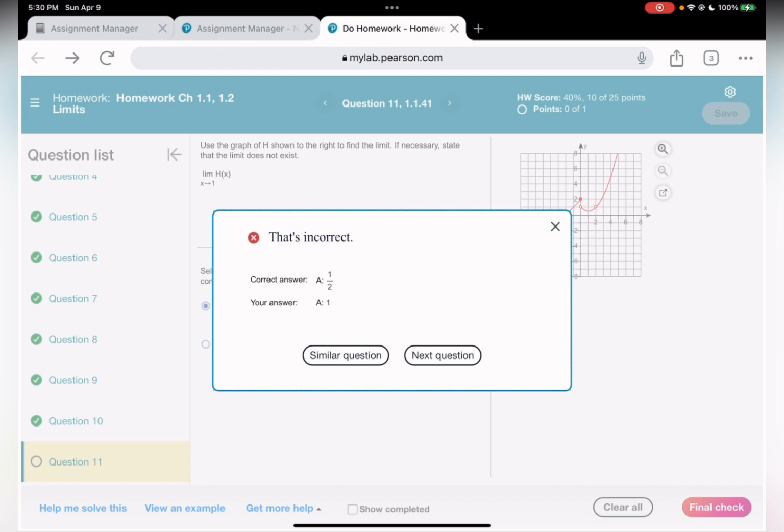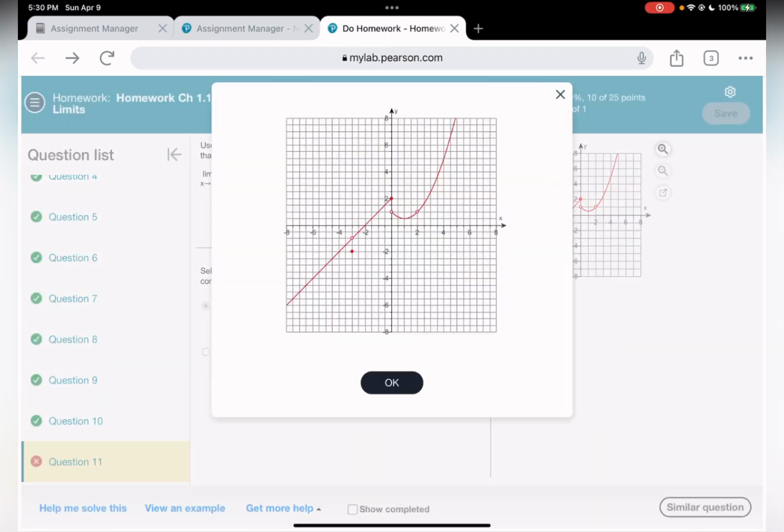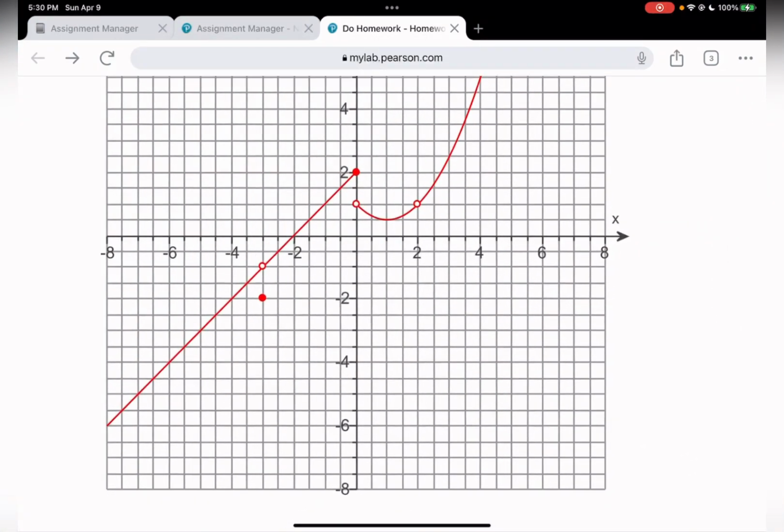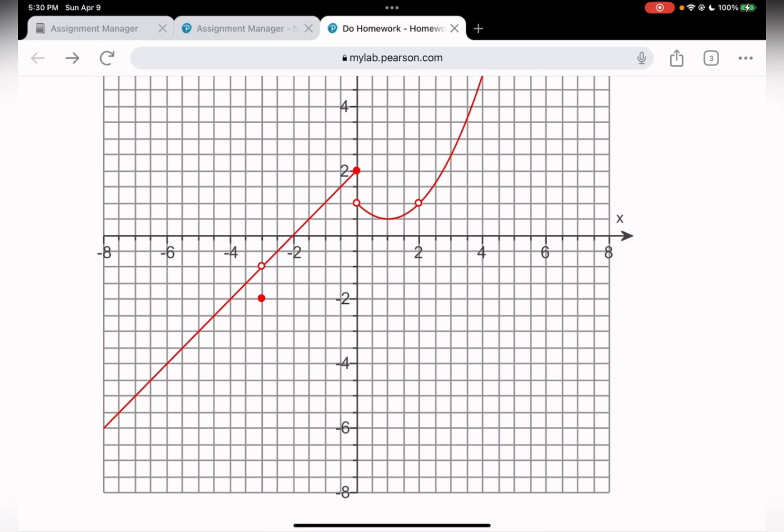1/2. Gee. Indeed. Okay, my fault. I didn't look carefully. Since this is 2, so half of it. It's 1 and 1/2.